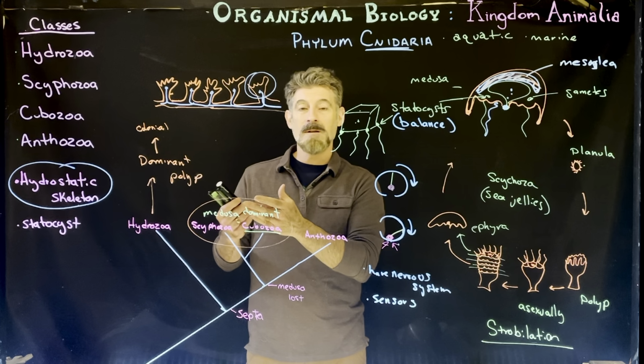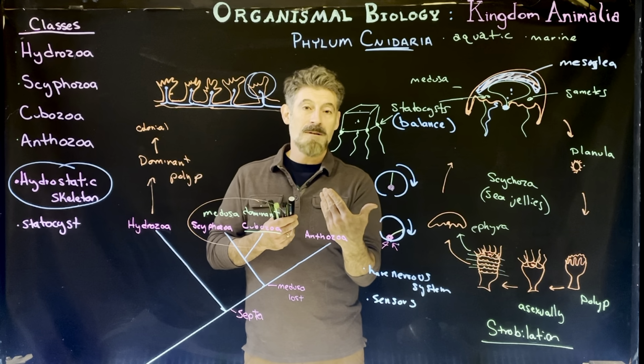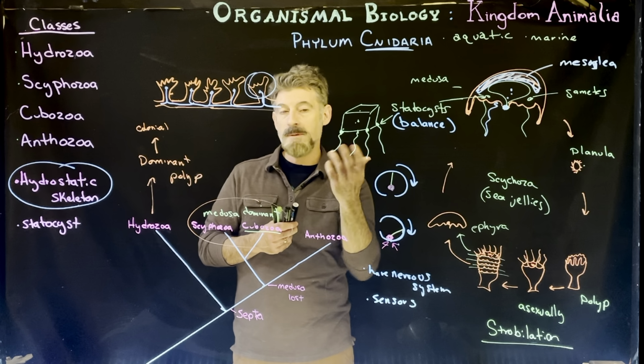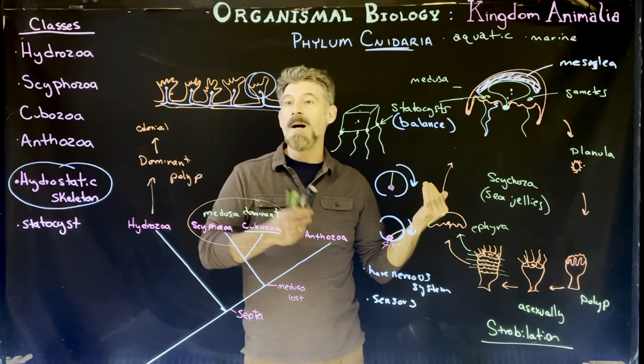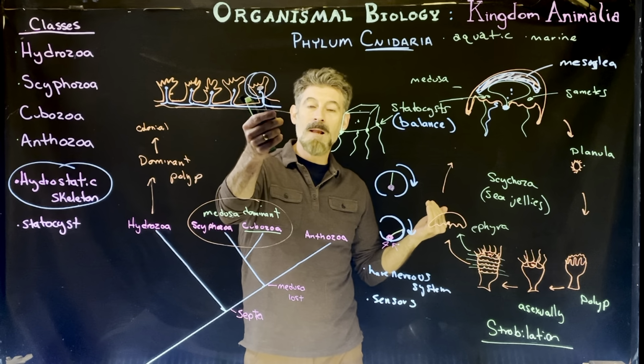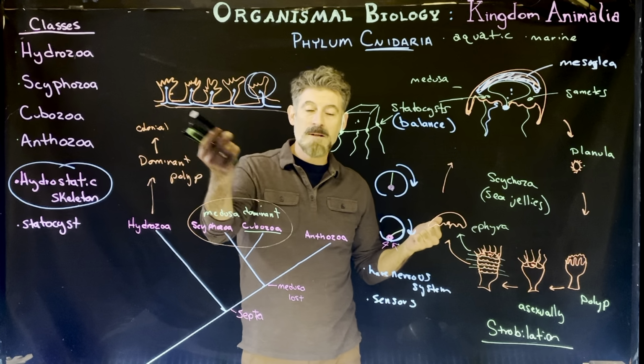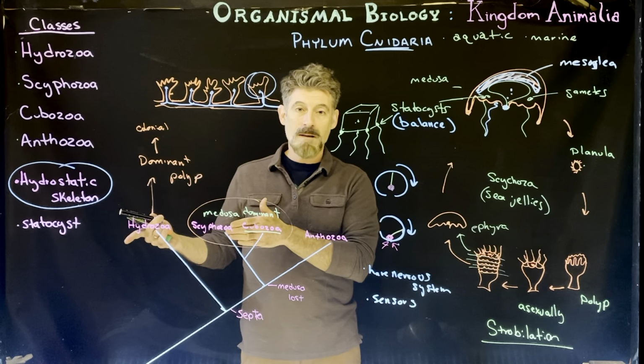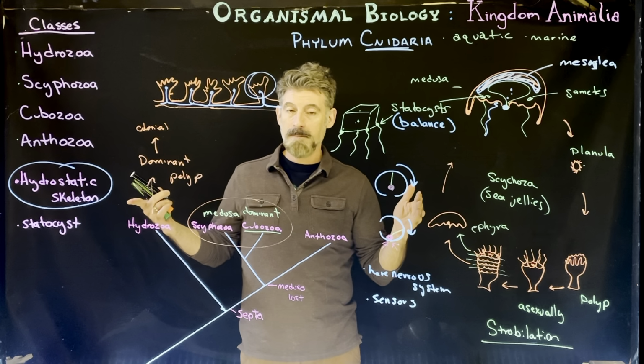In that case, they may lose the ability to feed, right? Because they actually block off the mouth to be reshaped into something new. But that polyp will still get nutrients because it's sharing this digestive pathway with the other polyps that are all part of the colony.